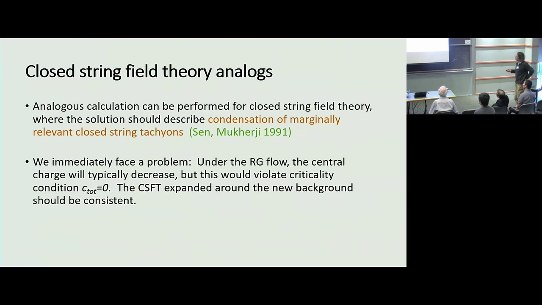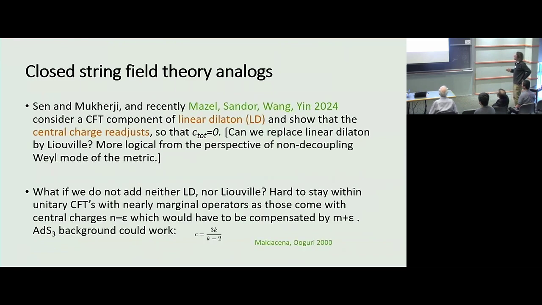But there is an immediate problem: under the RG flow, the central charge typically decreases. So this would violate the criticality of the matter CFT. So what they proposed, and recently was also used by this group at Harvard, they took a CFT with some central charge C and accompanied it by a linear dilaton with some background charge, to compensate the original central charge, so the total matter central charge is 26.